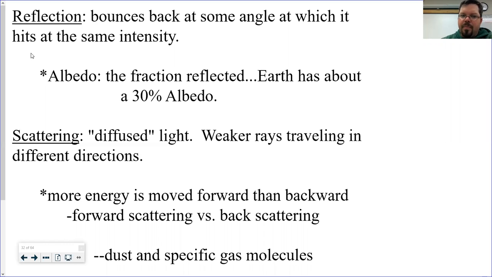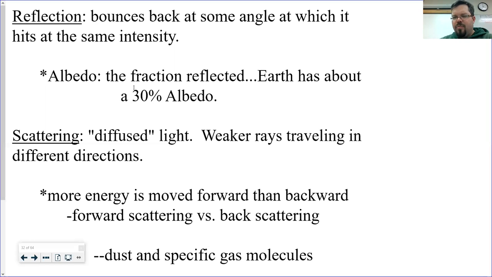Now, I bring up a term called albedo. Albedo is the fraction of the radiation that will be reflected back when a surface is impacted by some form of radiation. In general, Earth has about a 30% albedo overall, on average across the board.